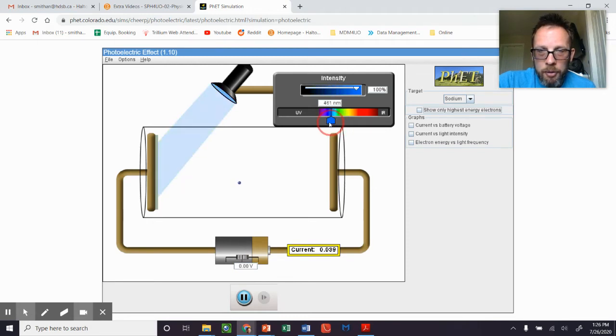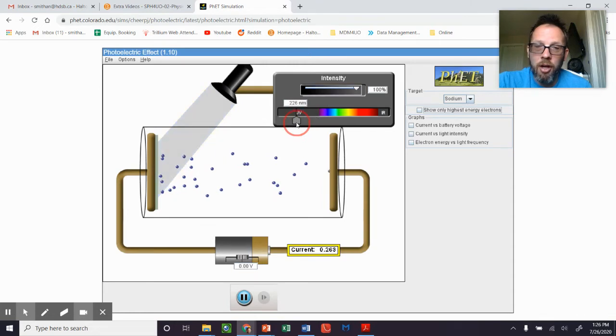I want to go back to blue light for a second. You'll notice that we're still emitting photoelectrons, but what do you notice about their top speed? It's actually less than the UV light. So when you have a higher energy light shining on, that extra energy gives those electrons a higher kinetic energy.